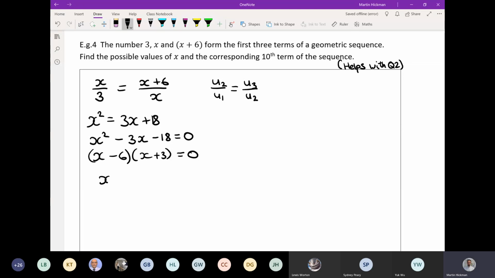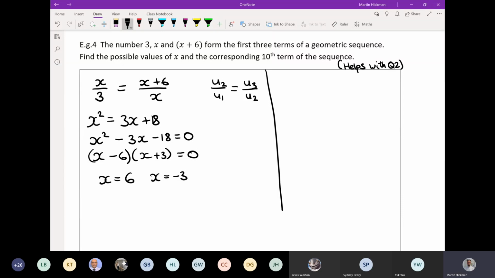So we get x equals 6 and x equals -3 as my two solutions. Just be careful here. You can have the negative as your solution. So this sequence can go 3, 6, 12 if x is 6, or if x is -3, it'd be a periodic sequence and go 3, -3, then 3 again.